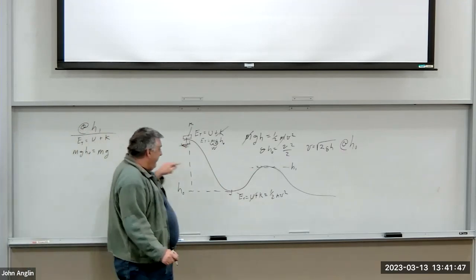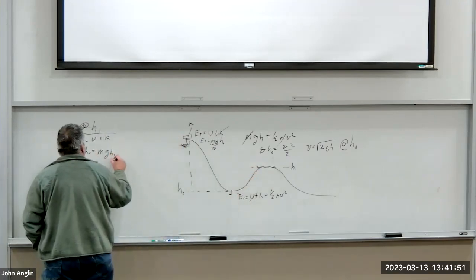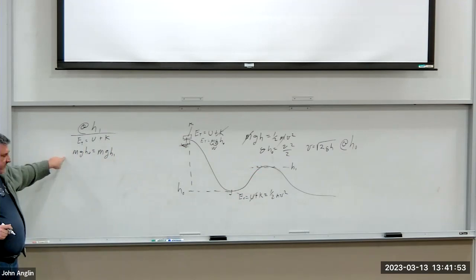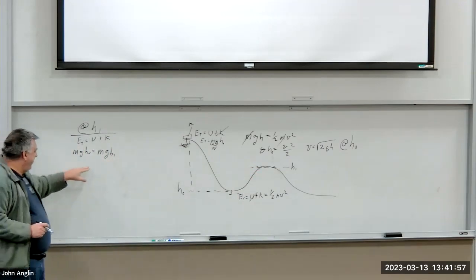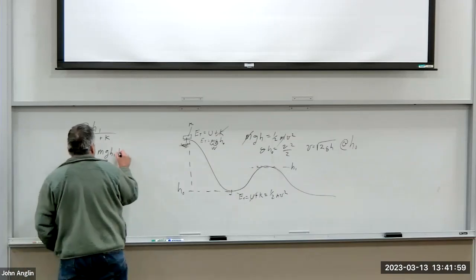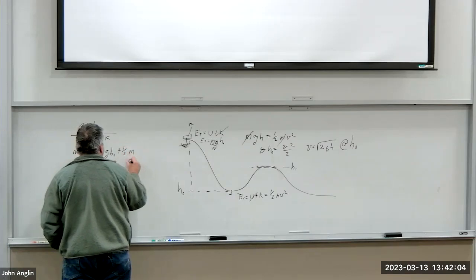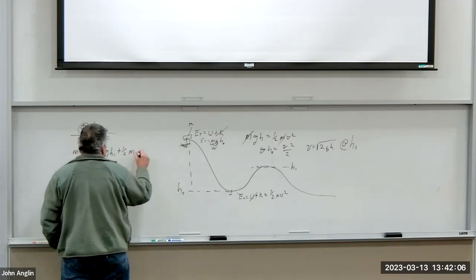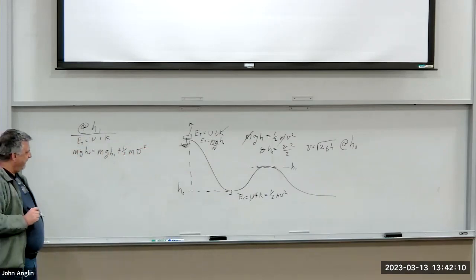But our height has changed. Now we're at H1. So notice h naught and H1 are different. Plus, our kinetic energy is 1/2 mv squared. The mass doesn't change. The velocity does change. That's what we're trying to find.